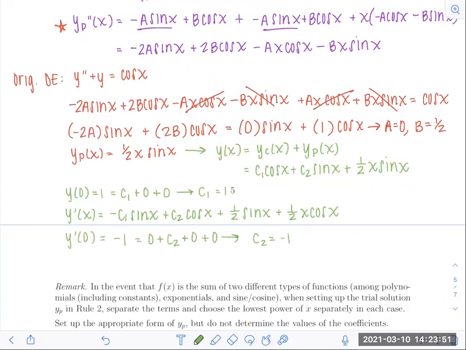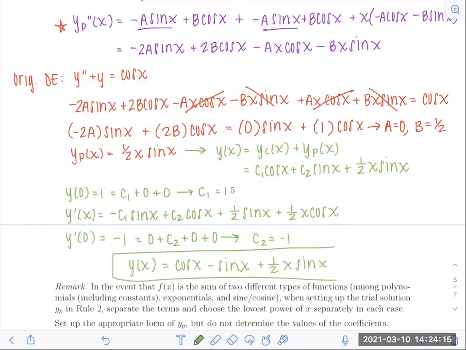So finally, I'm going to plug these values into my y of x function for my final particular solution of the non-homogeneous DE. c1 was 1, so I get a cosine x. c2 was -1, so minus sine x. And then, of course, plus 1/2 x sine x. So this equation here in green is the solution to my non-homogeneous differential equation.